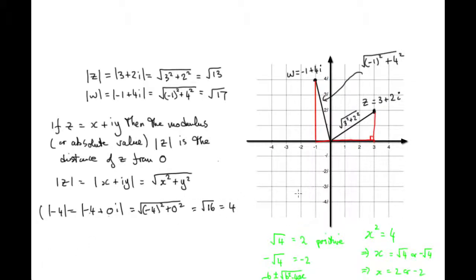So there we have examples of the modulus of a complex number. Now, it would be nice at this stage if you had a shot at some examples. So let's just put the heading there, and I'll ask you to try and evaluate the following.